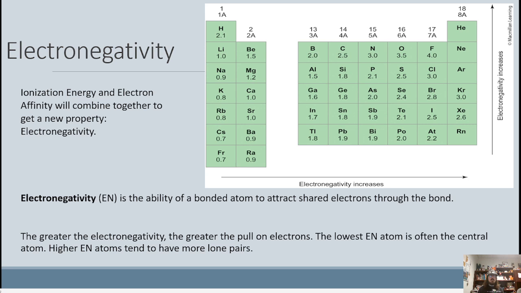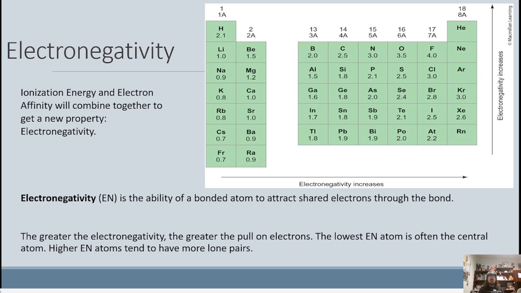Electronegativity combines these two properties within a covalent bond. If an atom has a high ionization energy and a high electron affinity, meaning it's hard to lose electrons and easy to gain electrons, it has a high electronegativity. If they have low ionization energies and low electron affinities, they usually have a low electronegativity.